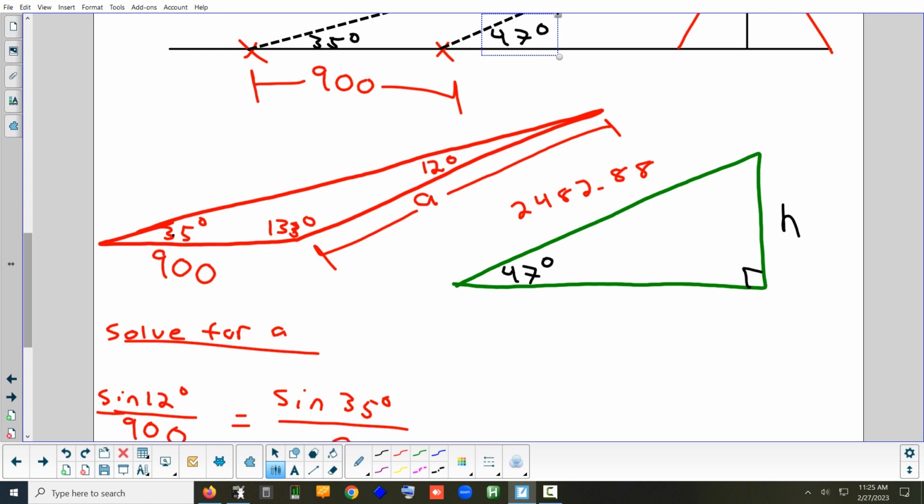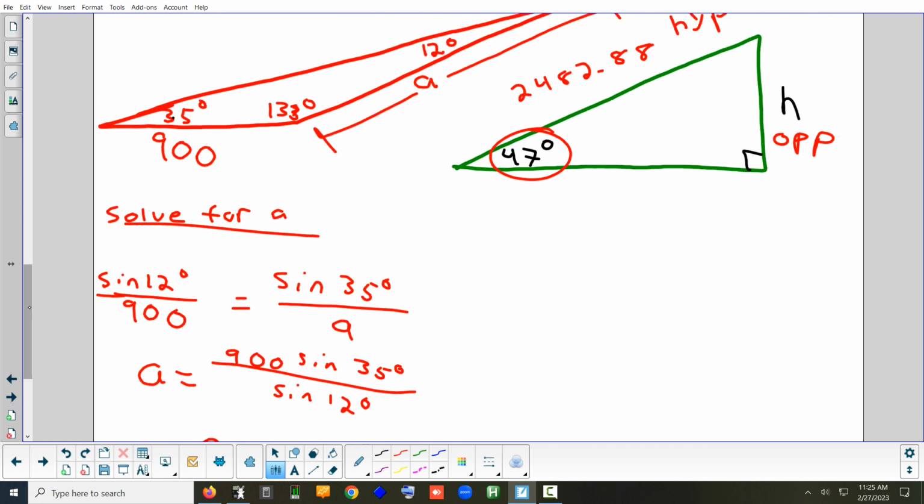This is a right triangle, so you do not need law of sines to solve it. From the perspective of the 47, what position is side H in? That's opposite. And what position is the side across from the 90? That's your hypotenuse. And what trig function has opposite and hypotenuse in it? Sine. Yep. So the sine of 47 equals opposite over hypotenuse.